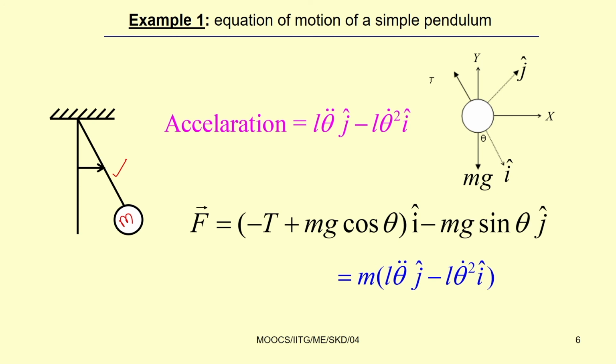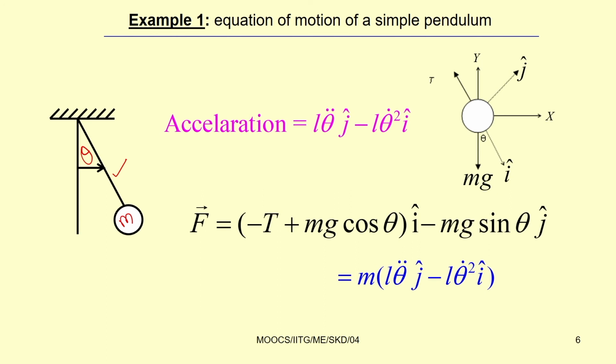Here, as it is a rotating system, we can either use translation, with the linear force equal to mass into acceleration, F equal to ma, or we can use the angular acceleration also.